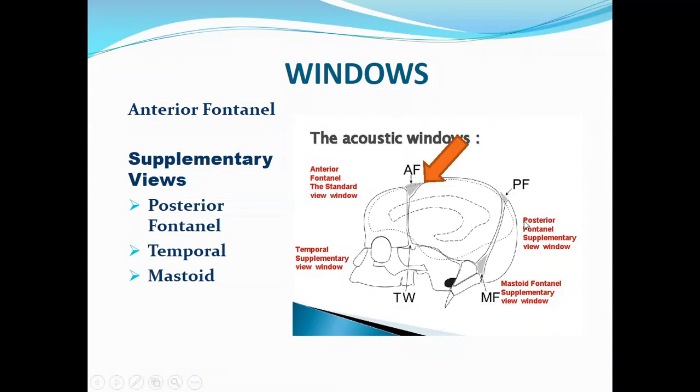These windows will be further demonstrated, with why we should do them, in further slides, and what you expect to see when you're at that portion. Then the last is the mastoid view, especially when you want to look at the fourth ventricle in cases of posterior fossa cyst in Dandy Walker malformations. You'll be able to use these.